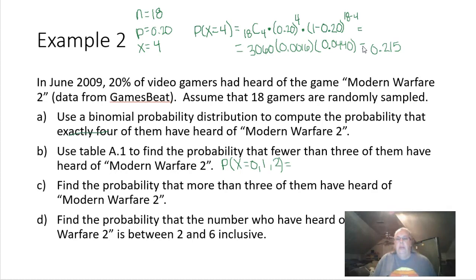So what we're going to do is find the probability that nobody's heard of it, and add that to the probability that exactly 1 person has heard of it, and add that to the probability that exactly 2 people have heard of it. And we're going to do this using table A1, which there's a link to over in Blackboard under the Tables tab on the left over there.